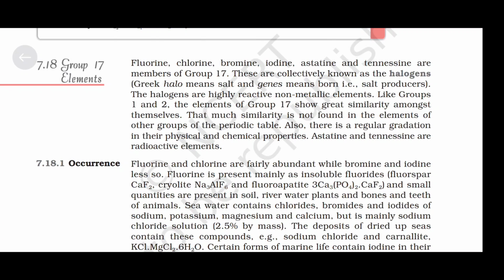The elements of group 17 show great similarity amongst themselves. That much similarity is not found in the elements of other groups of the periodic table. Also, there is a regular gradation in their physical and chemical properties. Astatine and tennessine are radioactive elements.